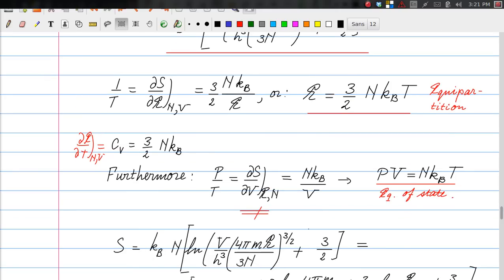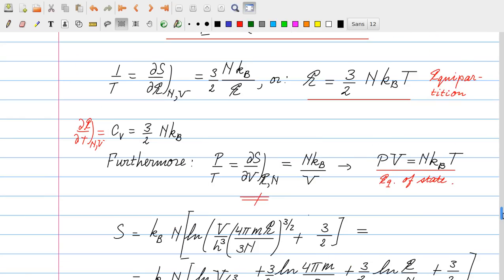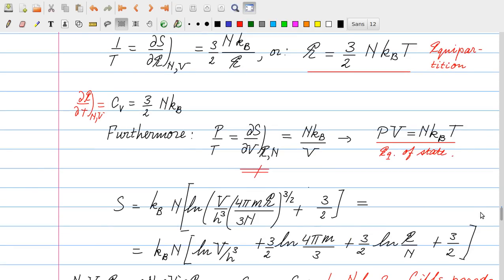However, it turns out that the S that we find in this way is not correct. And the reason can be seen when we write S in a slightly different form by writing all these terms inside the logarithm as separate terms. And then we see that S is k_B times N, and then we have a series of terms. And if we scale up the system, so we scale up V and E by a factor of 2, then we see that this term scales up by a factor of 2. This term scales as well, and all these terms do not scale.